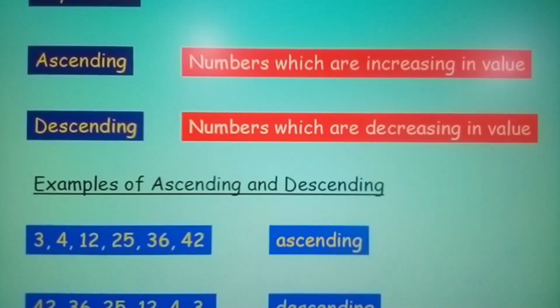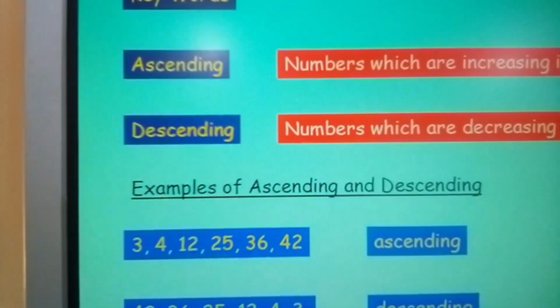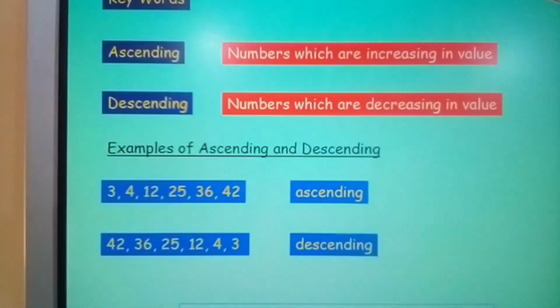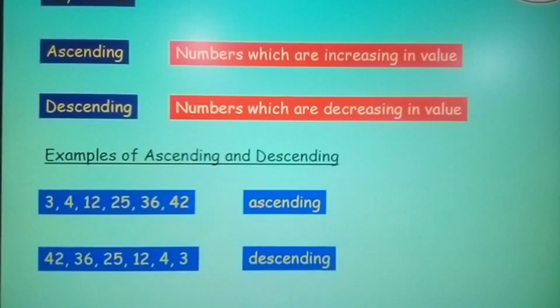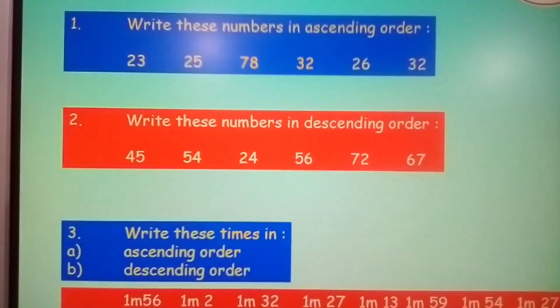Examples of ascending and descending. Okay, you have them here. 3 going up in value, ascending; descending, going down in value. Okay. Questions.